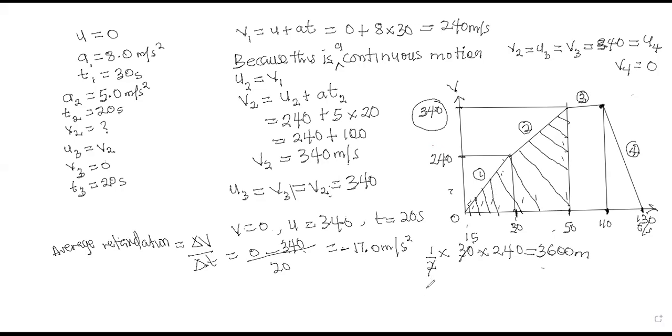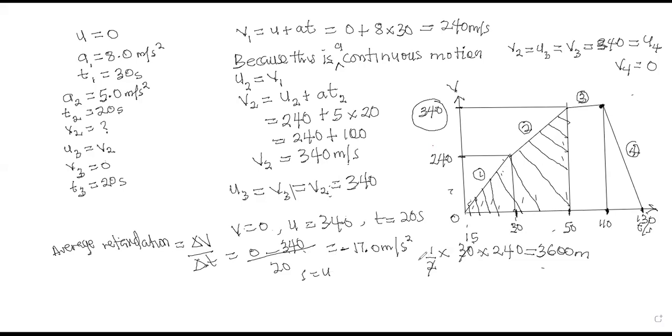Then the second area is the trapezium. Sir, can you use the formula s = ut + ½at²? Frank, what I'm saying is that we can also use the equations of motion, but the question asks that we use the graph.